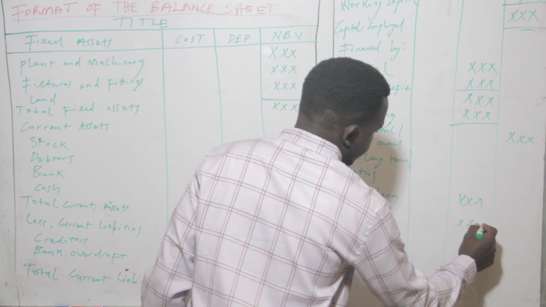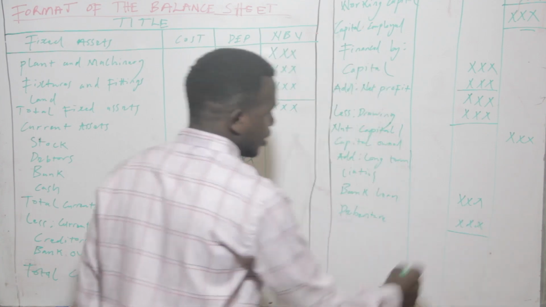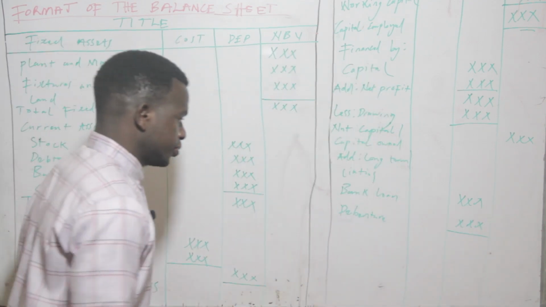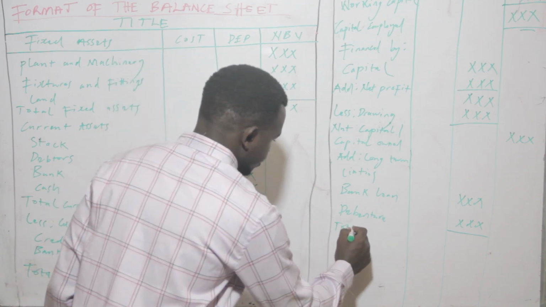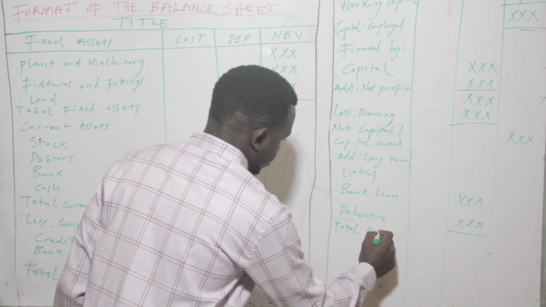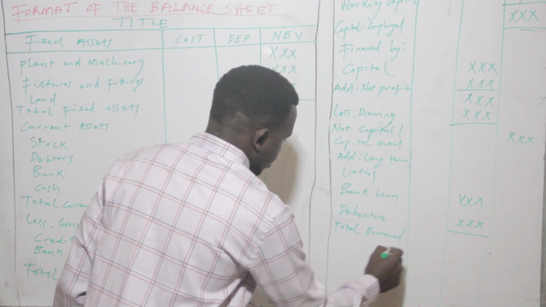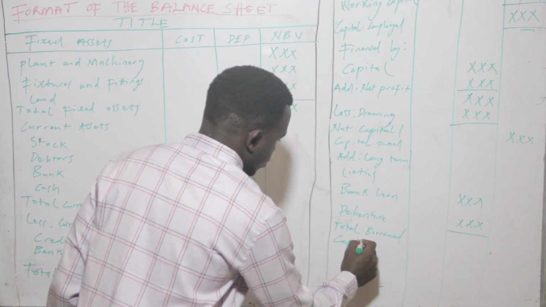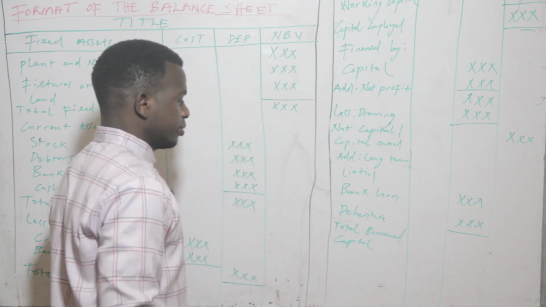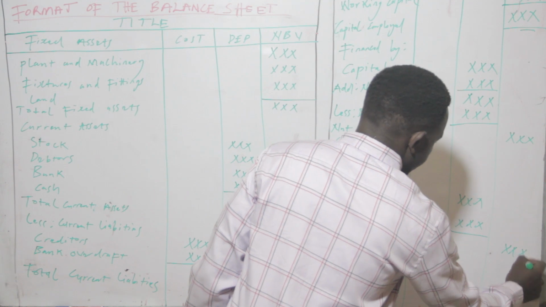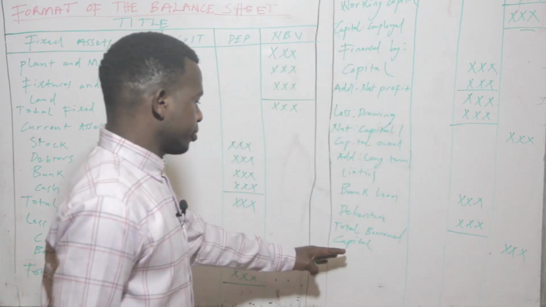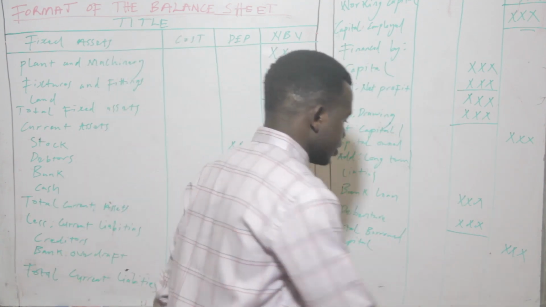So you can have debenture there. So we can find the total between bank loan and debenture, and we can say total borrowed capital or total long-term liabilities. So we're going to put our total borrowed capital there.